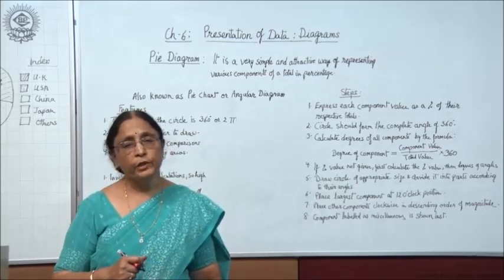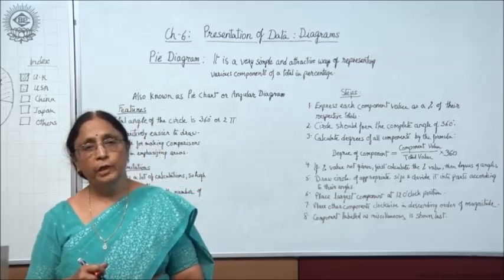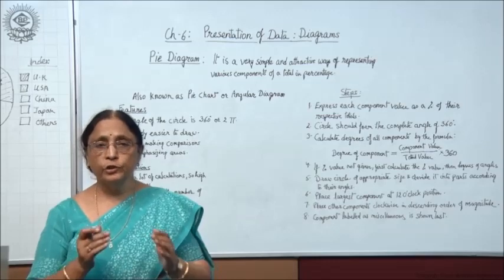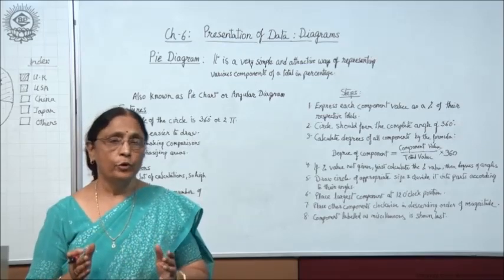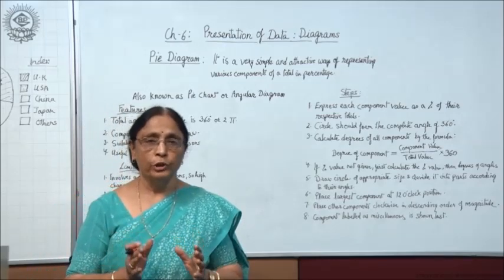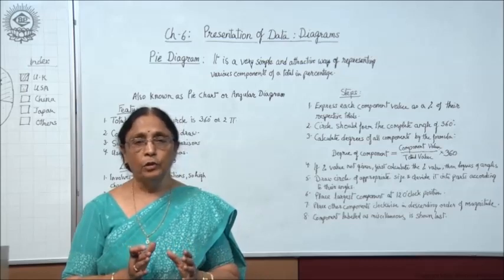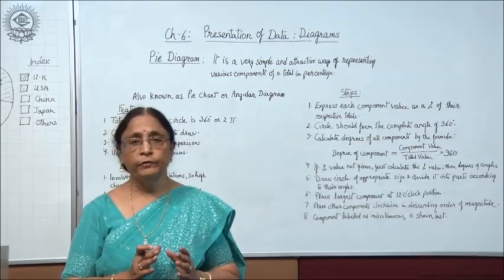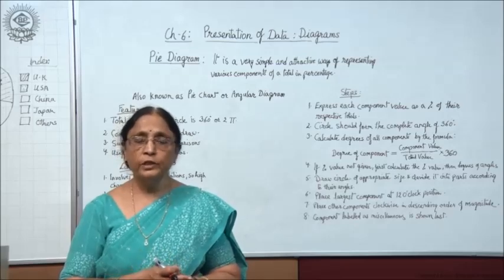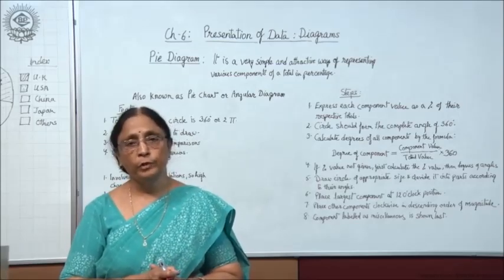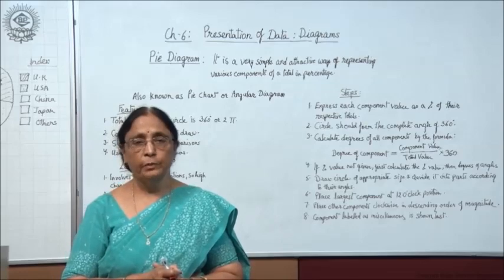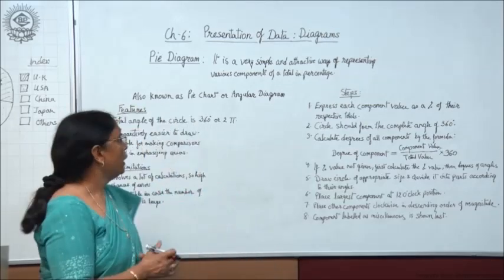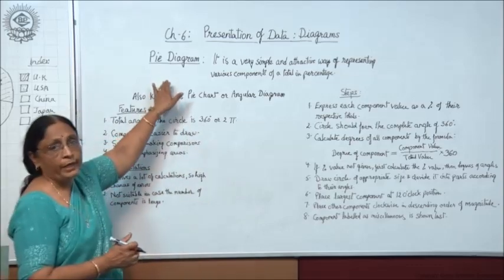Though pie diagrams can also be drawn on the basis of absolute values, in the case of absolute values you have to draw two circles to show the data because the absolute values will be different, and that will be a little difficult task. So normally pie diagrams are drawn on a percentage basis for general explanation. Okay, now we'll see what pie diagrams are.